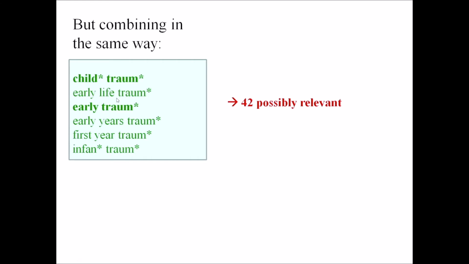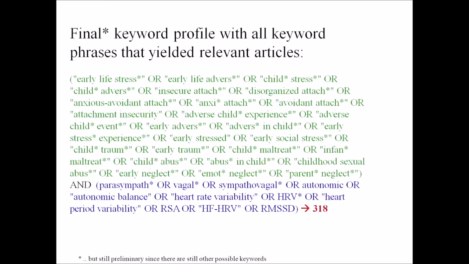Child trauma, early life trauma, of course everything truncated by an asterisk. And in this case I found 42 possibly relevant abstracts. And there were 2 phrases that were responsible for these relevant abstracts, so I could remove the other phrases from the keyword profile. After trying out multiple groups of keyword phrases, I finally arrived at this keyword profile, which yielded 318 possibly relevant abstracts.